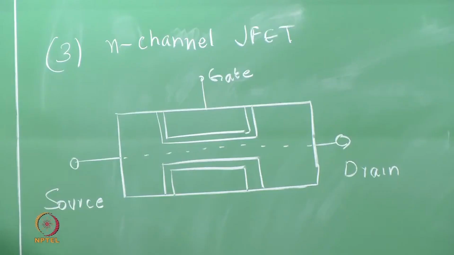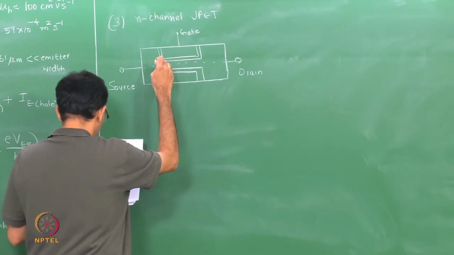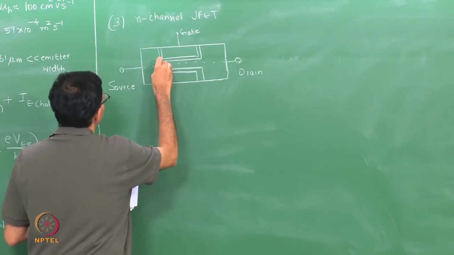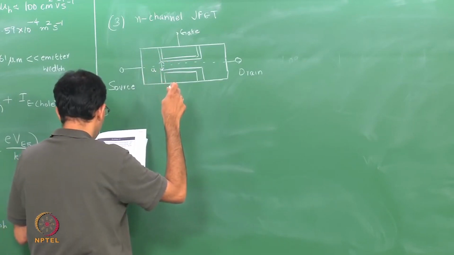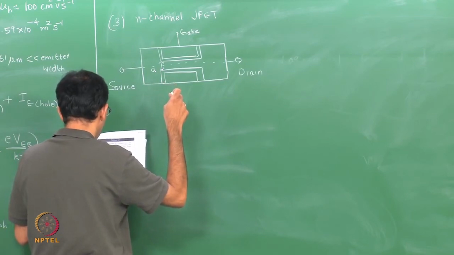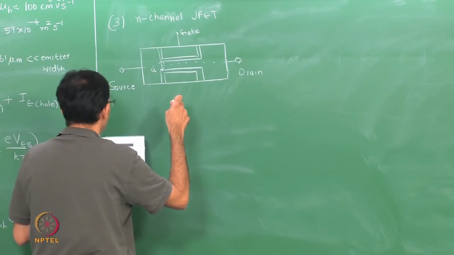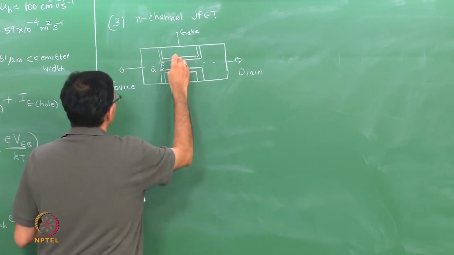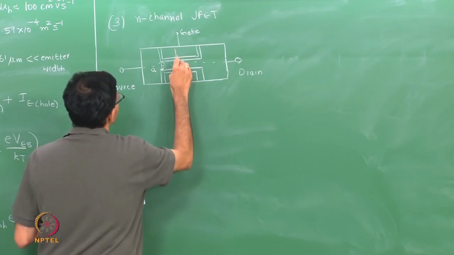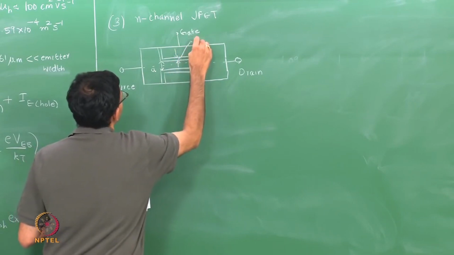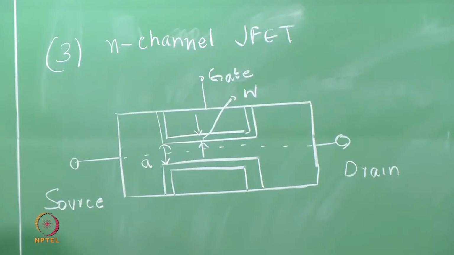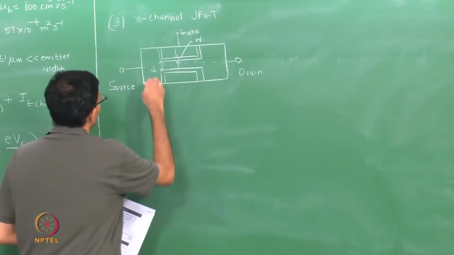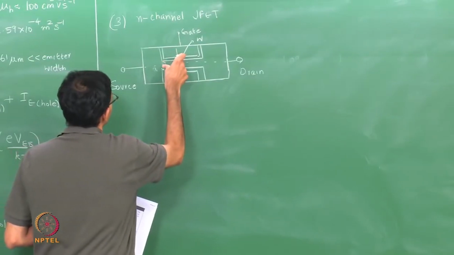the source, the total width of the channel is essentially A. So, this is A, and you also have a certain width of the depletion region. So, that this is W, so the channel depth is 2A. So, let me just redraw this.